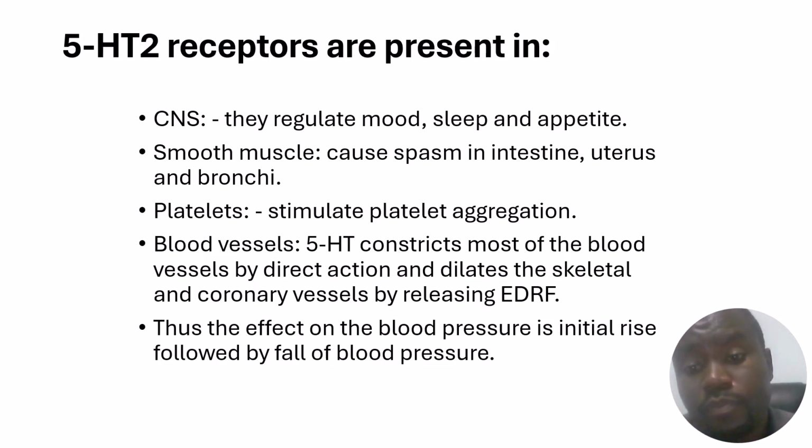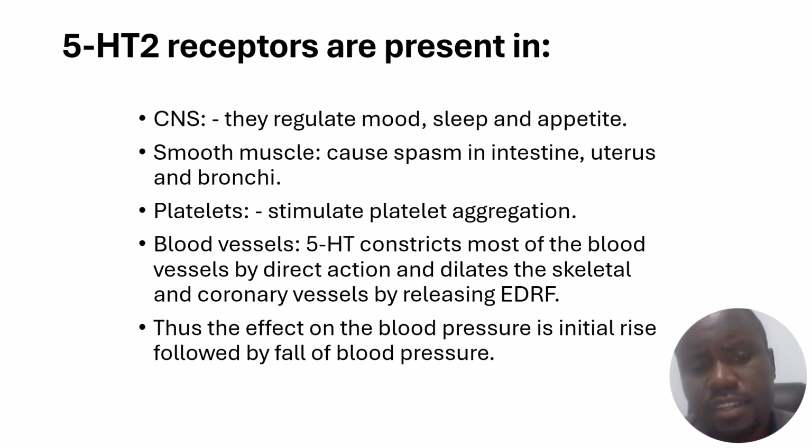Serotonin type 2 receptors are expressed also by the CNS, where they regulate mood, sleep, and appetite. For the smooth muscles of the intestines, the uterus and the bronchi, they will cause constriction because of contraction of those smooth muscles.